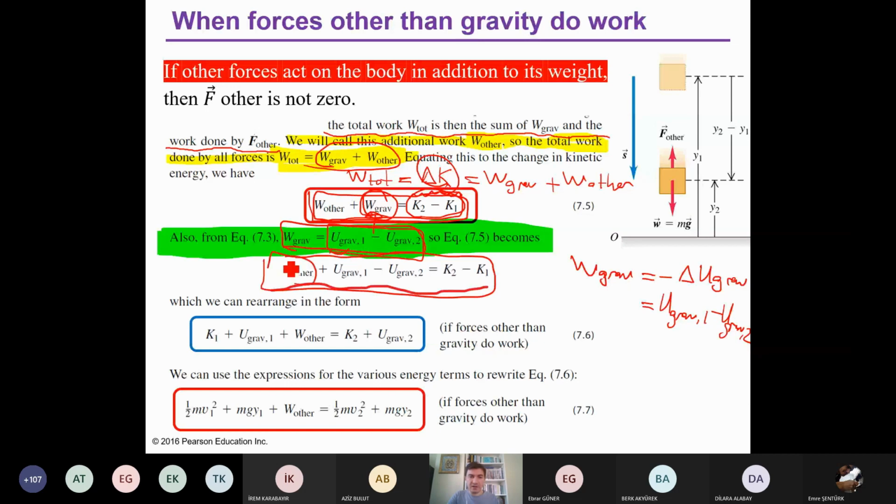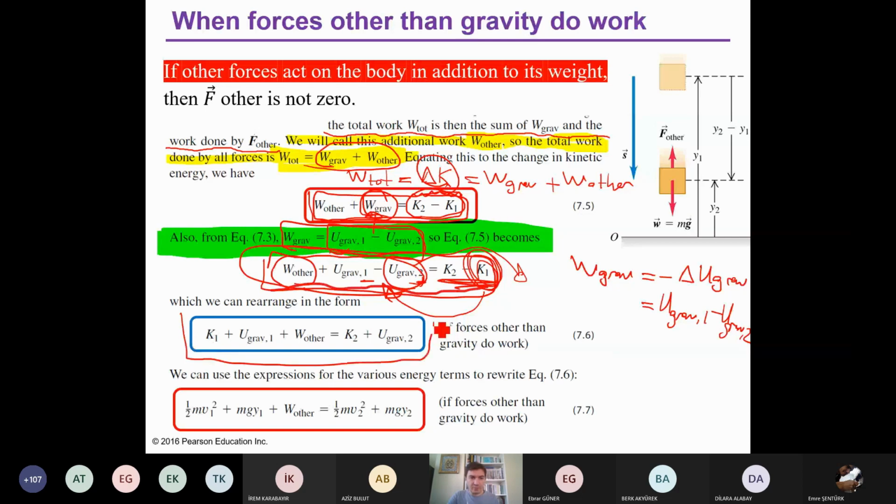Other work done on the box with other forces plus gravitational potential energy for the first position minus gravitational potential energy for the second position, and all these things are equal to the change in the kinetic energy of the box. Okay, so what we have here, we have U gravitational 2, take this one to the right side, and here we have kinetic energy 1, take this one to the left side, so then you can get this expression.